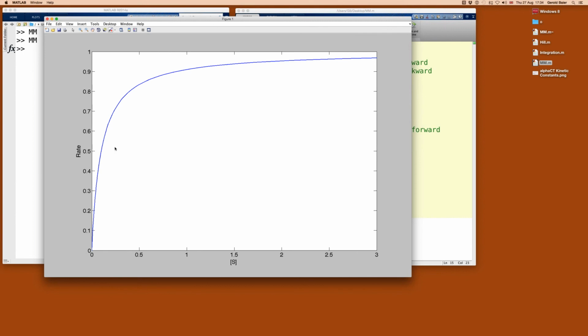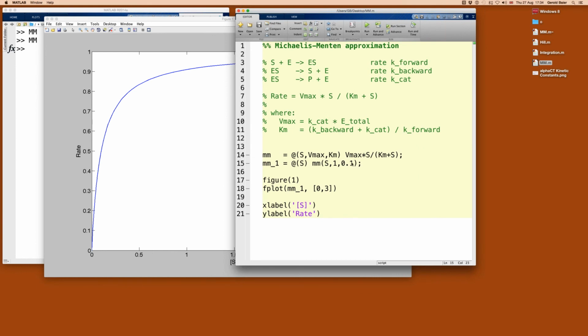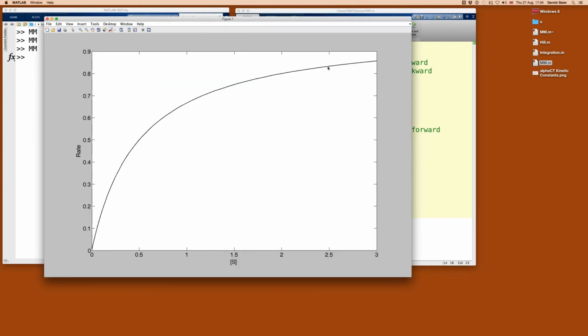Okay, so if we pick that value where the rate is 0.5, then we can guess it's near 0.1 in that case, but we can check if we change the value. What did you do? You changed Km to 0.5 here, and I added a different color in. And now you run the function again.